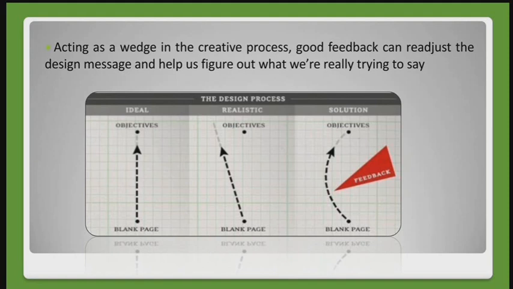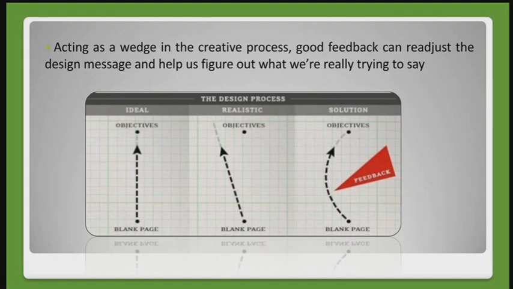You can see that in the realistic model, when we start the design process, along the way the direction may deviate while we are trying to reach the objective. In the middle you can see that from the blank page the arrow is moving outwards from the objectives.